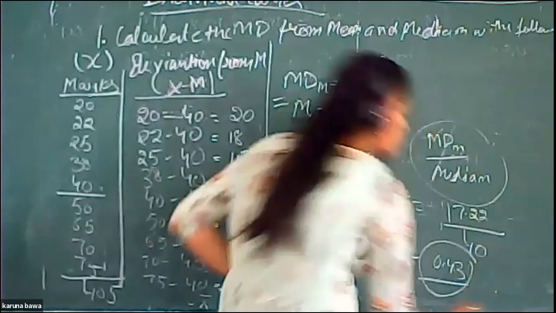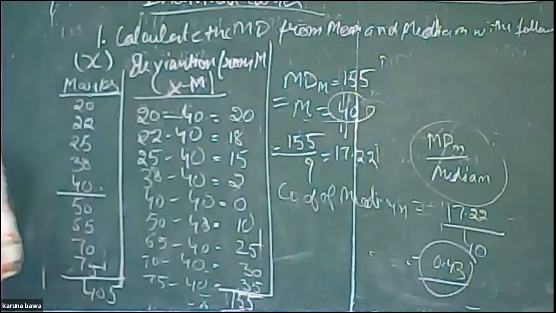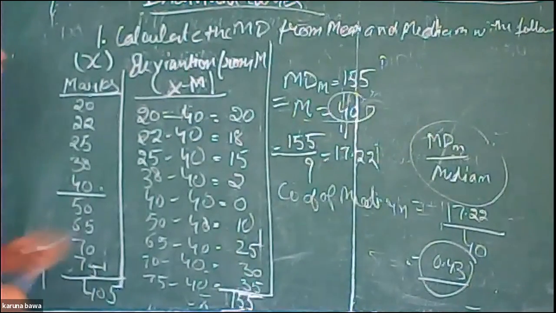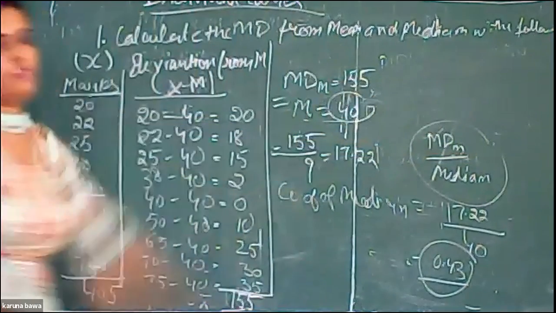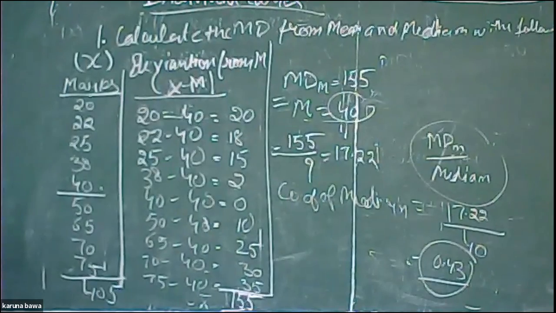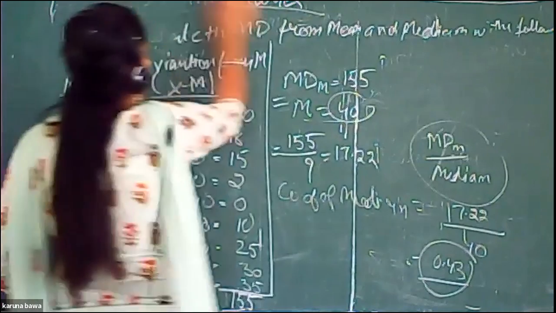This is the coefficient of median. This is called the individual series of mean deviation. So now let's start with the next series, that is the discrete series.